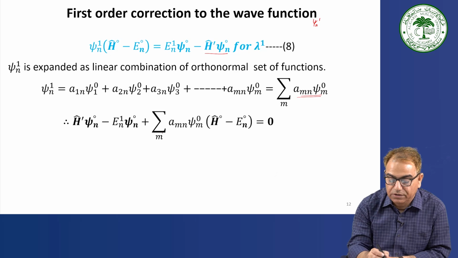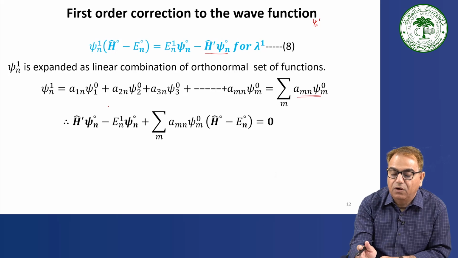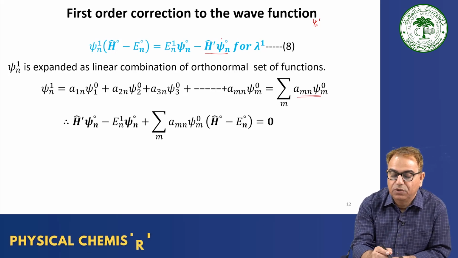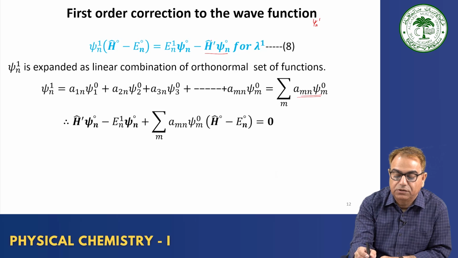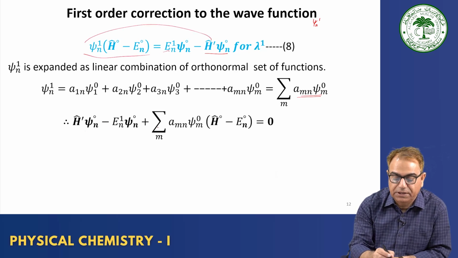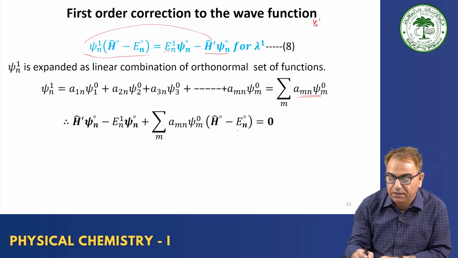So it's the same equation, equation 8, where all the terms are on the left hand side. Now the RHS becomes 0, and these two terms along with the existing term of psi n1 are all here.